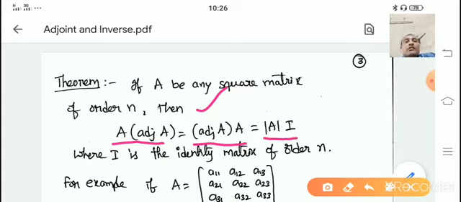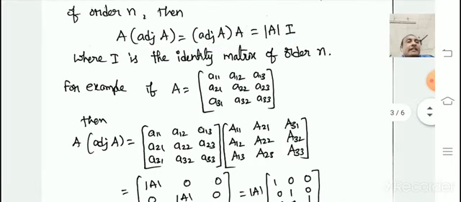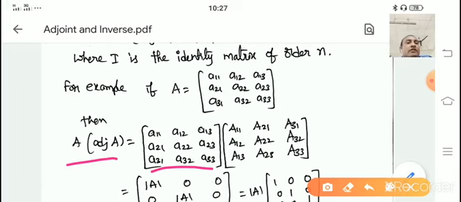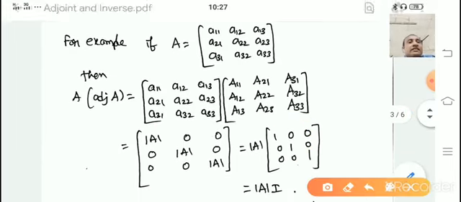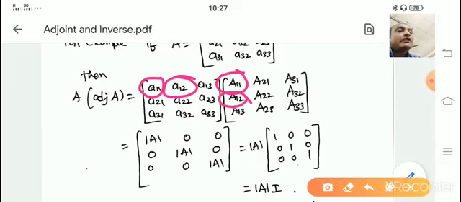See, if you multiply a matrix and its adjoint, A into adjoint A, the magic is, you are multiplying row with column. When I am multiplying row with column, here if you notice, A11 is multiplied by its cofactor, A12 is multiplied by its cofactor, A13 is multiplied by its cofactor.